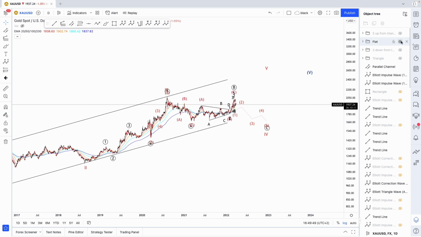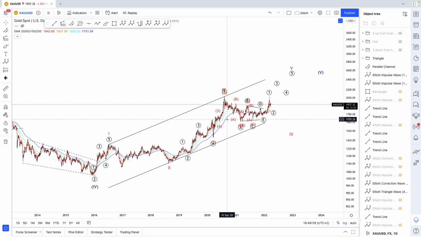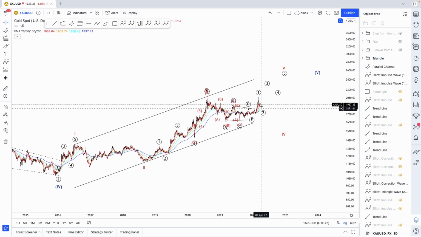So, as I promised, let's start with the triangle first. We're on the daily. Also, one thing worth noticing on the daily chart is that we bounced back and forth under the EMA, and now we're finally above it.